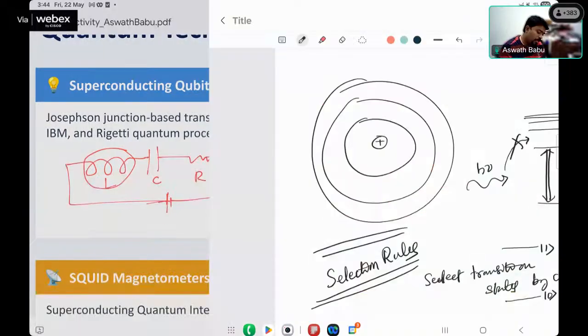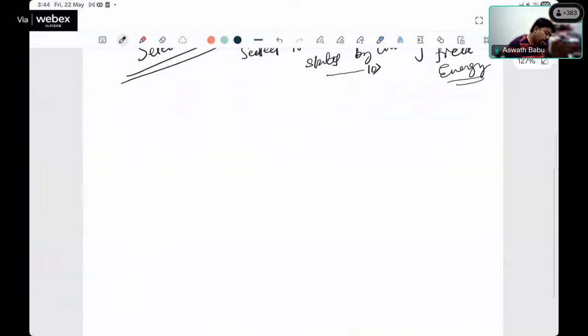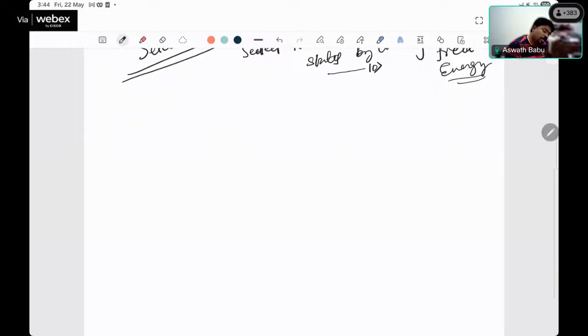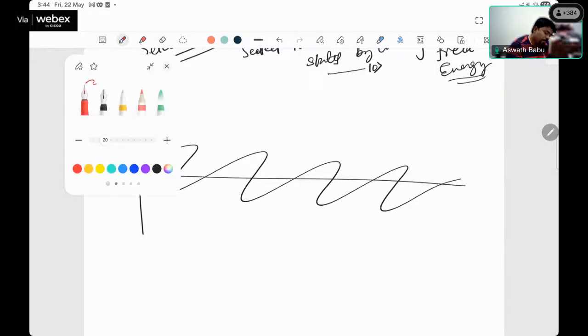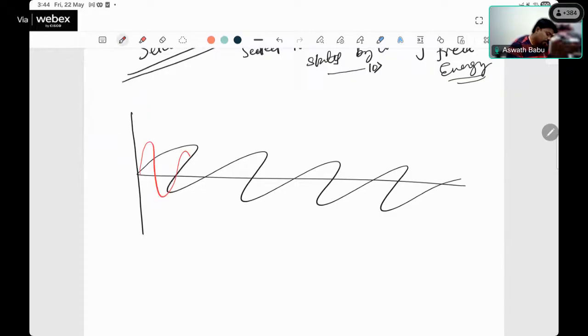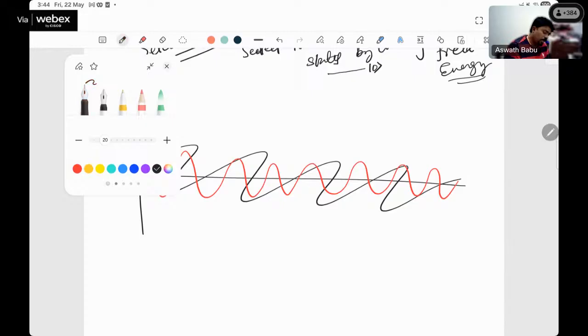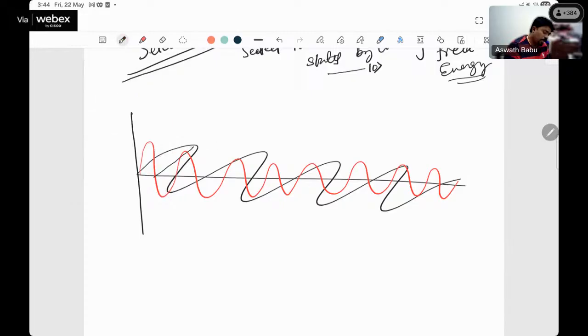So any electromagnetic wave, doesn't matter if it's a microwave or any radio wave, is going to have an oscillatory electric field and also a magnetic field oscillating perpendicular to the electric field. Okay, so the black one you can say is the oscillatory E field, and the red one you can say is the magnetic field.